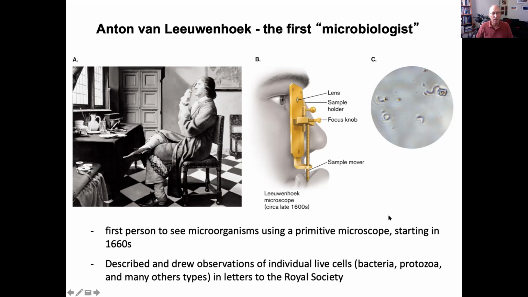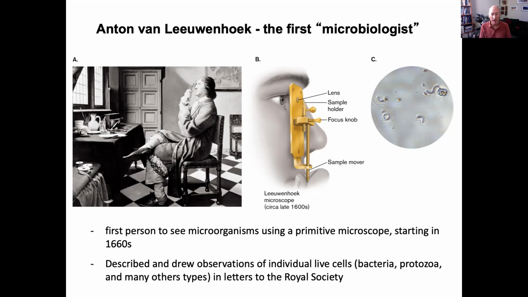And he actually was the first person to be able to see the invisible world of microorganisms. He created these simple microscopes that could magnify up to 300-fold, which is actually enough to see large bacteria. And he actually drew these.